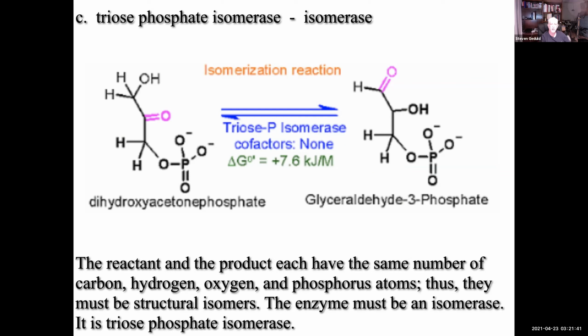They're structural isomers, so the enzyme must be an isomerase. Triose phosphate isomerase is the enzyme, and it's an example of that type of reaction. Isomerase reactions involve moving a functional group from one part to another. They're both isomers.